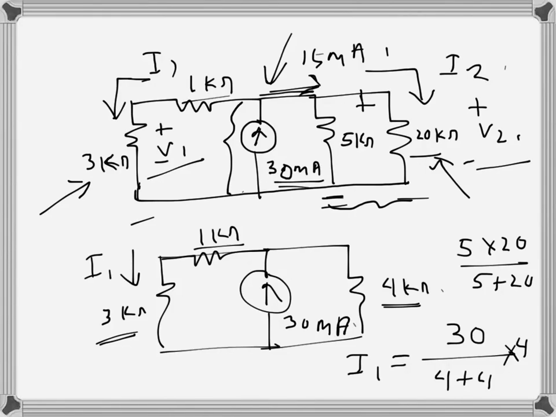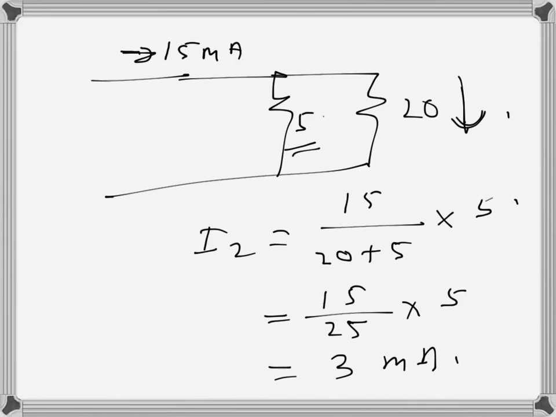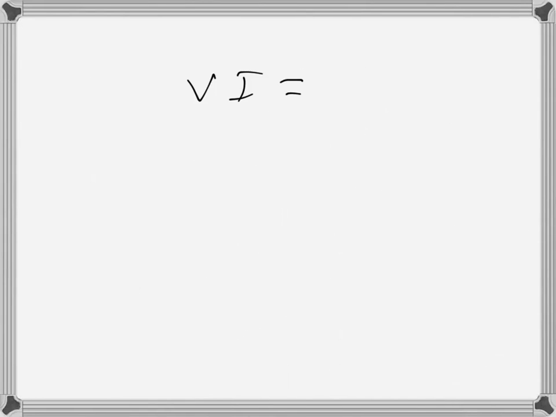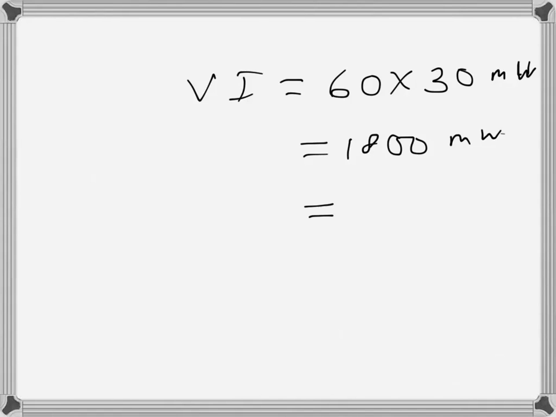This voltage is 60 volts, V2. So V2 is the voltage across the current source. So 60 volts there, times the current, which is 30. So that will be 1800 milliwatts, which is 1.8 watts. So that is the power supplied by the current source.